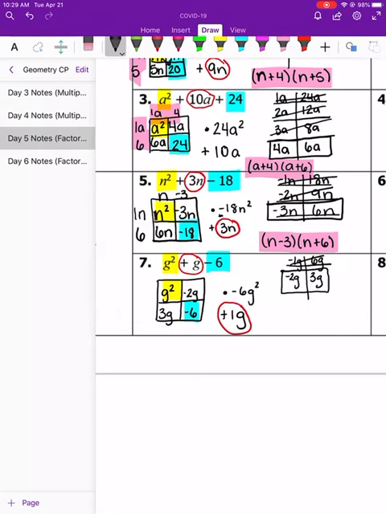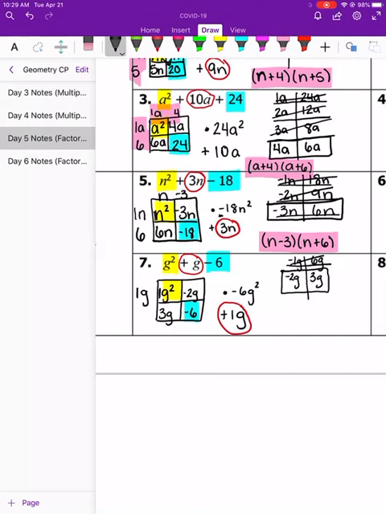Okay, so out of my first row, my g squared and my negative 2g. Well, I have a 1 understood in front of that g squared, so the biggest thing I can take out is that 1. Then I have a g squared and a g, so 2 g's and 1 g. So all you can take out is 1 g.